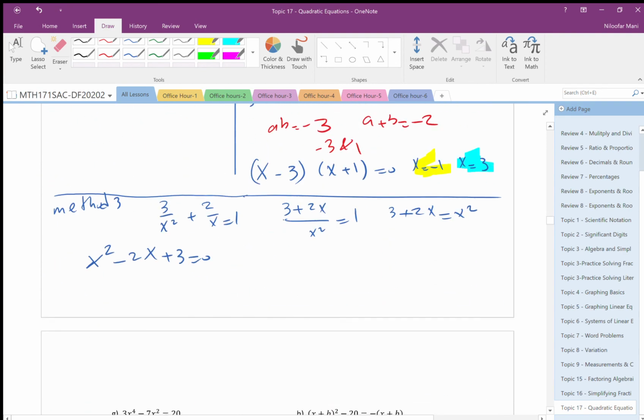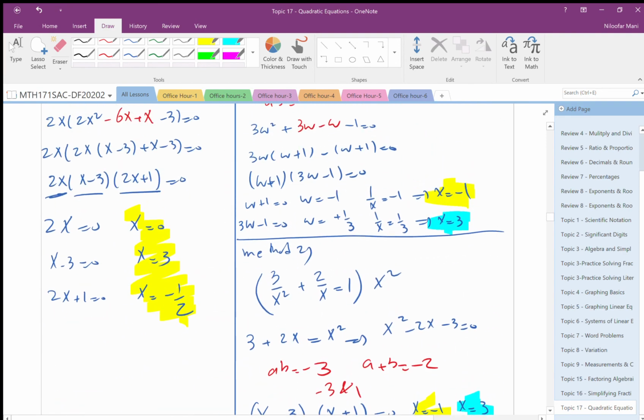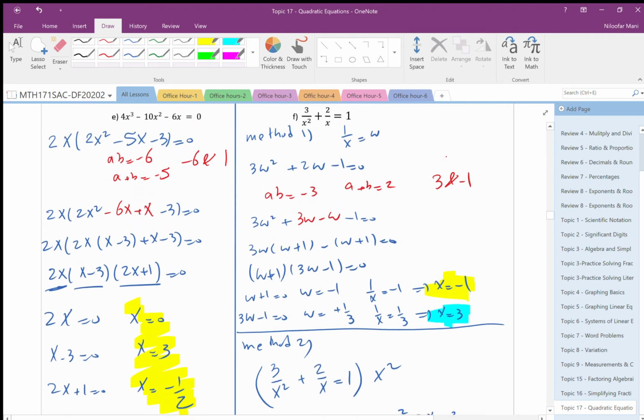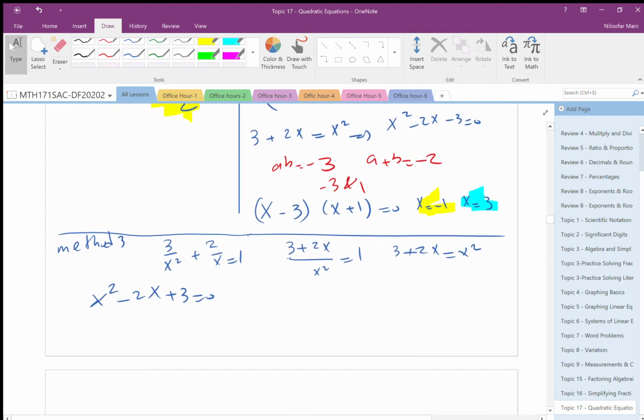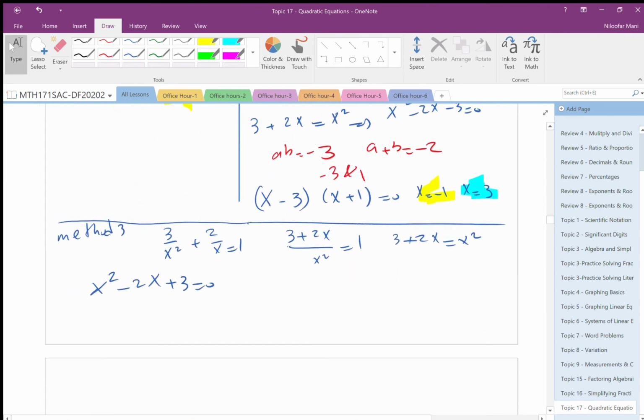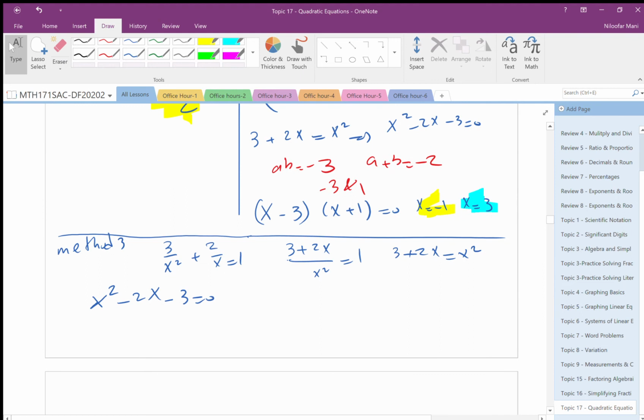So 2x here. Okay, so yes, minus 3 here. So I have the same thing here. So I have x minus 3 multiple x plus 1 equals 0, and then I have x equal 3, and x equal minus 1.